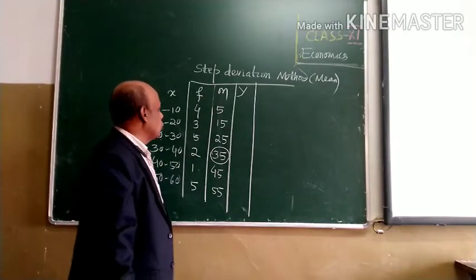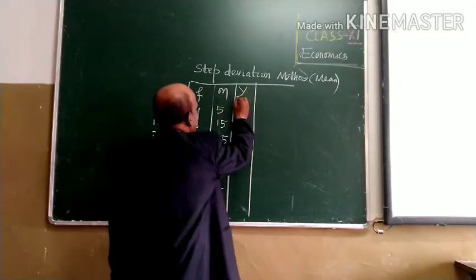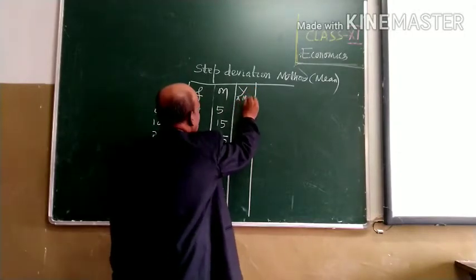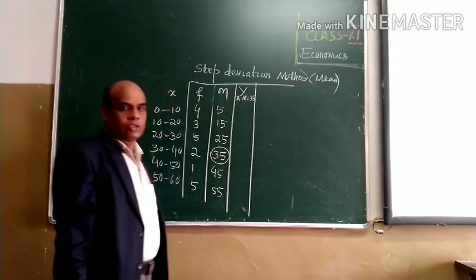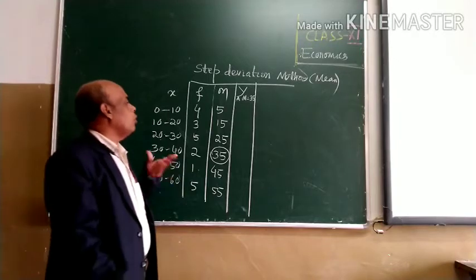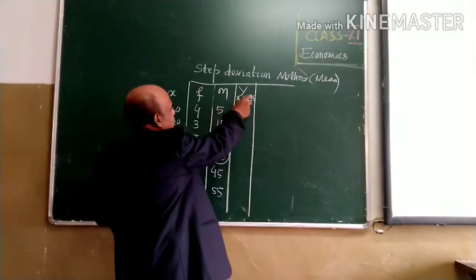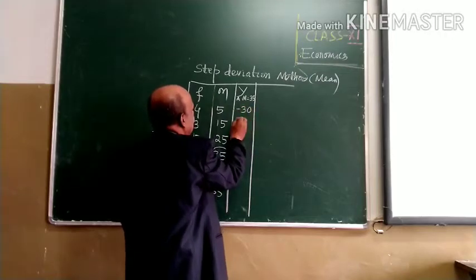So now what to do? You have to write here: assumed mean is equal to 35. It means we consider 35 as the assumed mean. So 5 minus 35, we got minus 30.